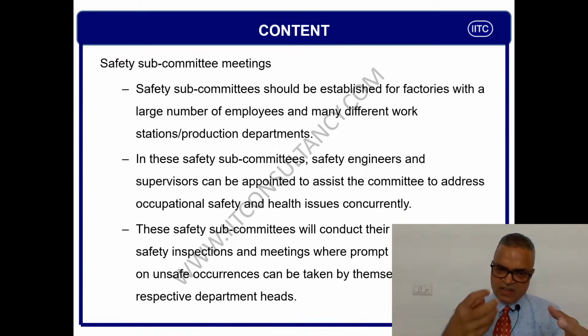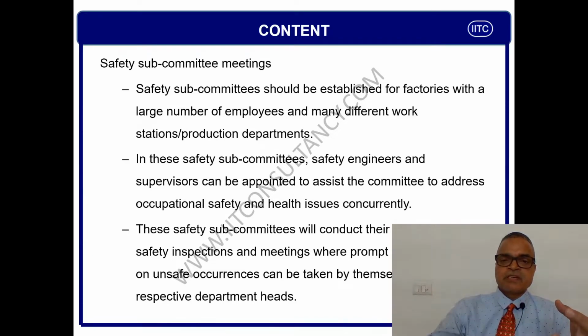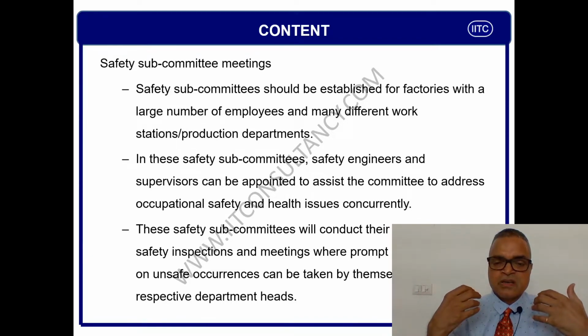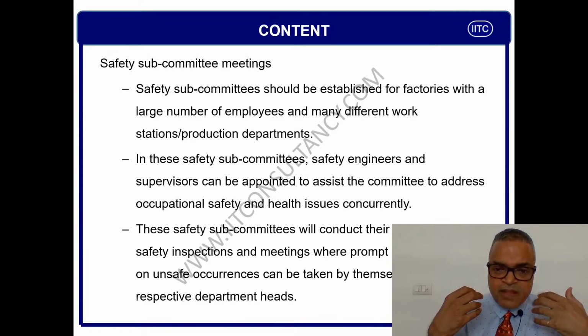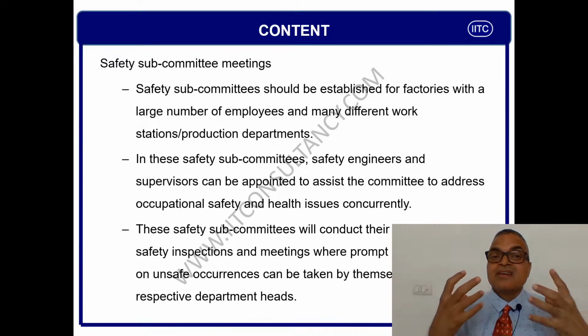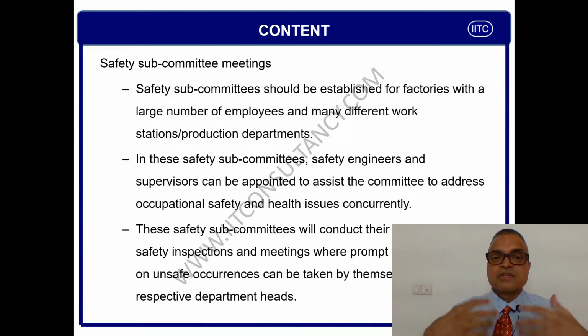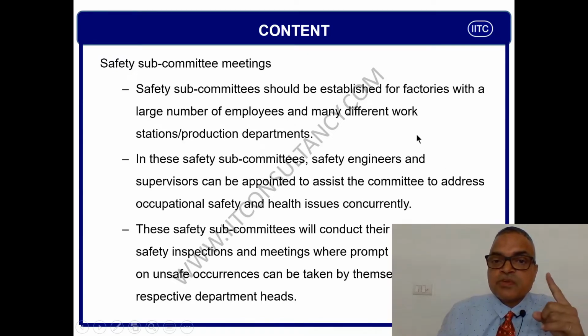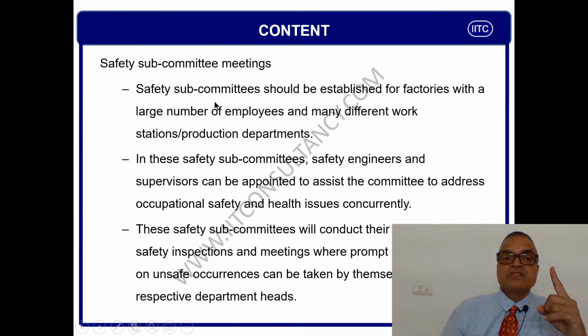This can create an influx of input to the main safety committee meeting, so that in the main meeting there is management, different layers of management, who can provide you the right conclusion, right budget, right resources, so that we can achieve our objective and target. Safety sub-committee meetings should be established for factories with a large number of employees and many different works.